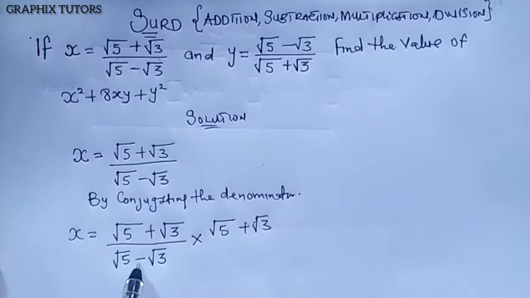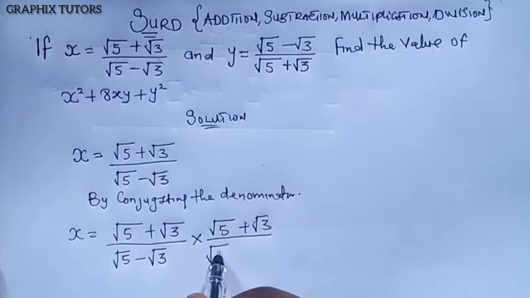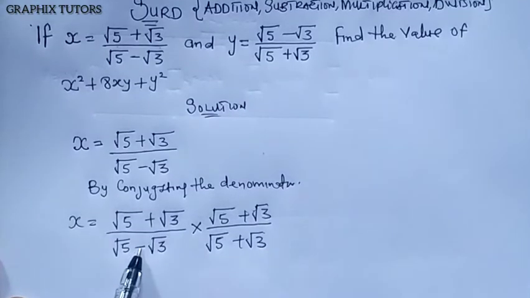Now I change this to positive to make it the conjugate, all over the conjugate also. This is the first step. So when you say conjugate, it means you change the sign: positive if it is negative, and if it's negative, you change it to positive.